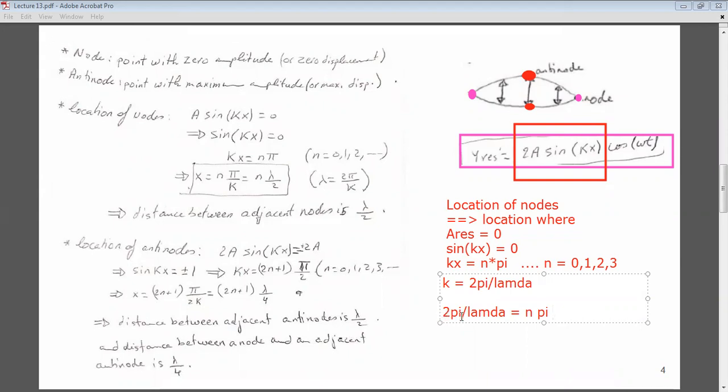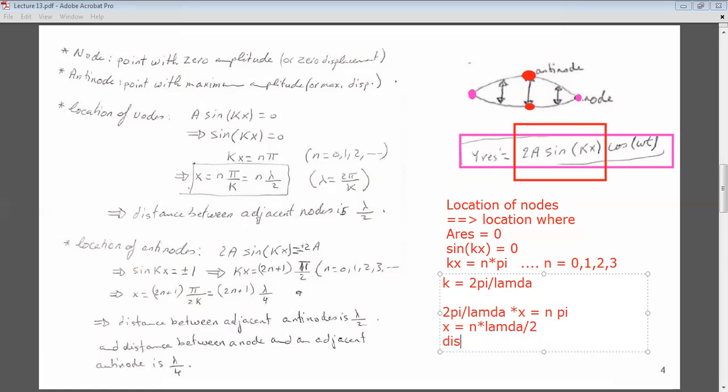So I get x equal to n times lambda over 2. So this is the location where I will get all my nodes: x equals n lambda over 2.